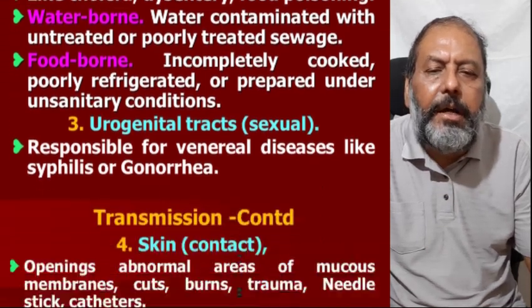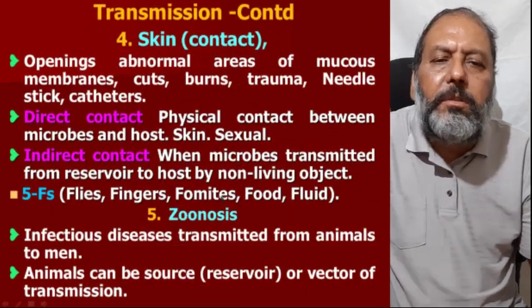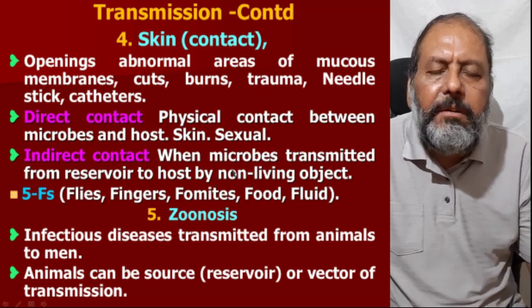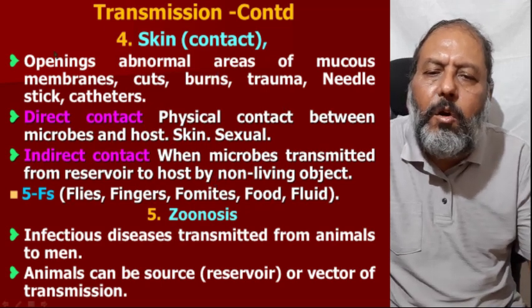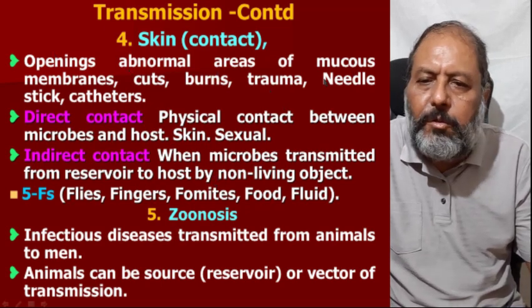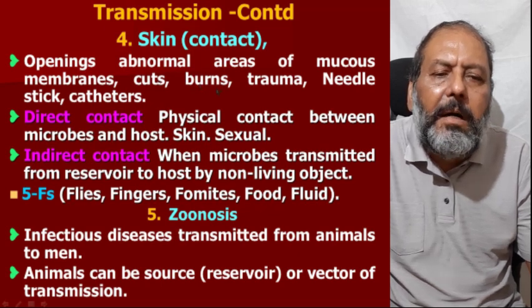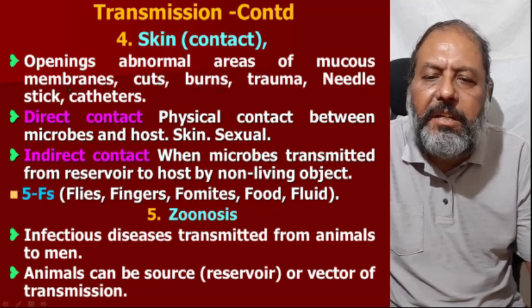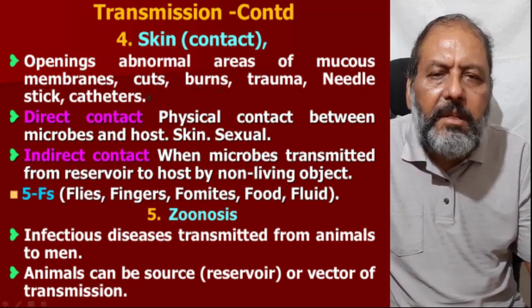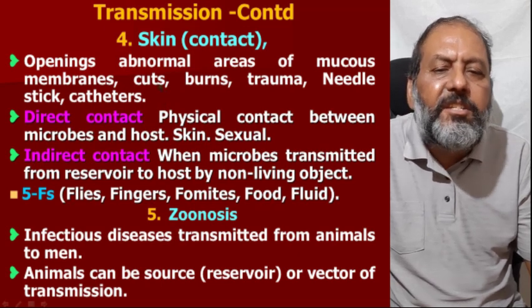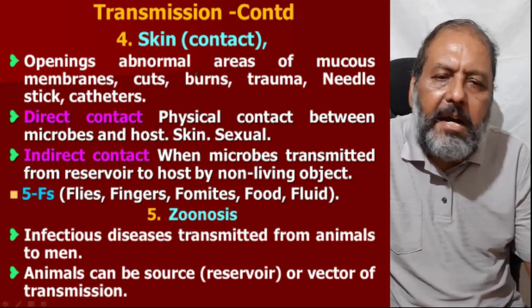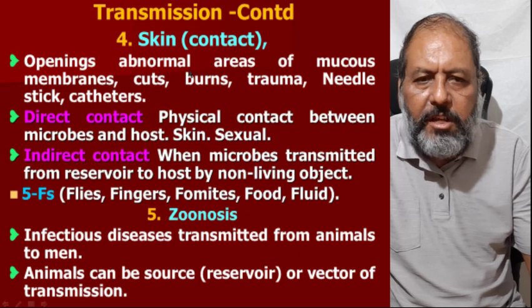Then the fourth transmission way is skin or contact, that is, openings or abnormal areas of the mucous membrane, cuts, burns, trauma, needle sticks, or catheters which have broken the skin, so that cause contact transmission.